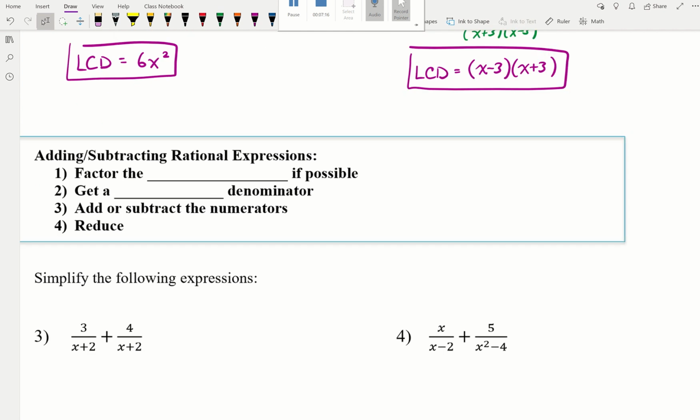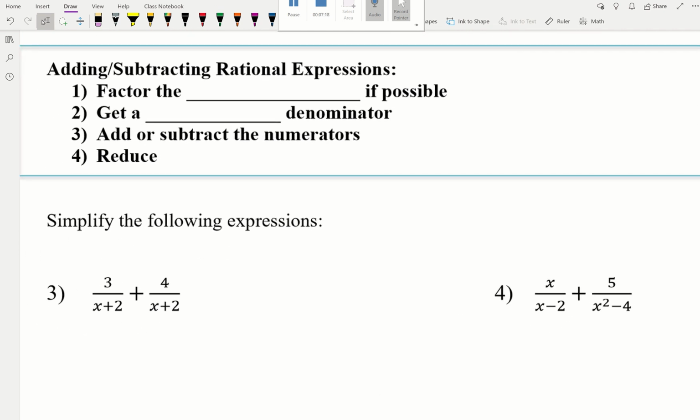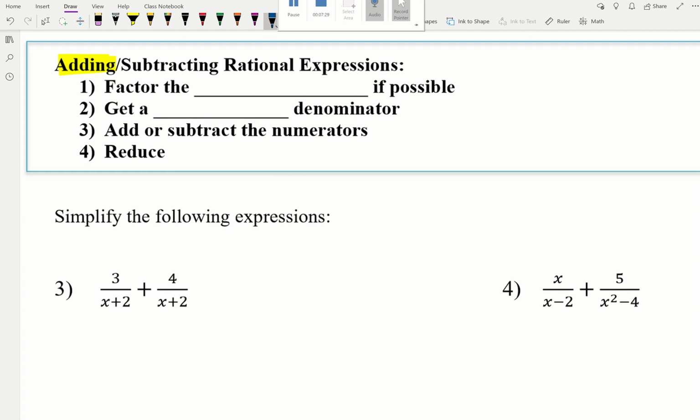All right, so the steps that we're going to follow in adding or subtracting rational expressions. Now today we're just going to focus on adding. Next class we'll introduce subtraction, but it's very similar. So step one is always going to be to factor the denominators if possible. So we only factor denominators. Don't worry about the top.